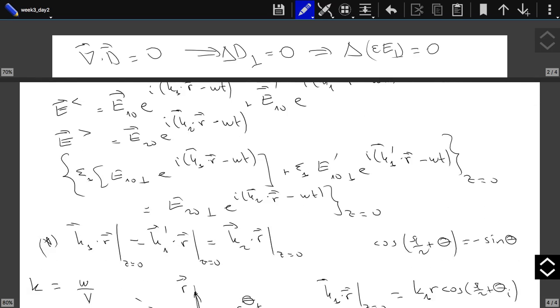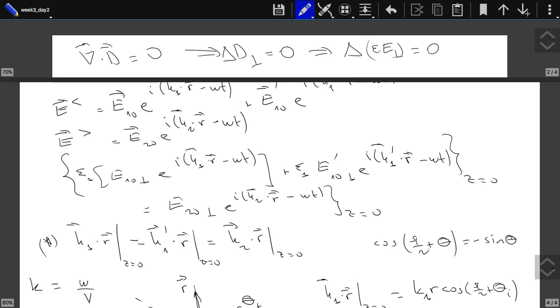You see, this equation over here is the continuity of the perpendicular component of the electric field. So I just wrote the perpendicular component of the electric field on the left of the interface and then on the right of the interface. They should be the same at every point on the interface.